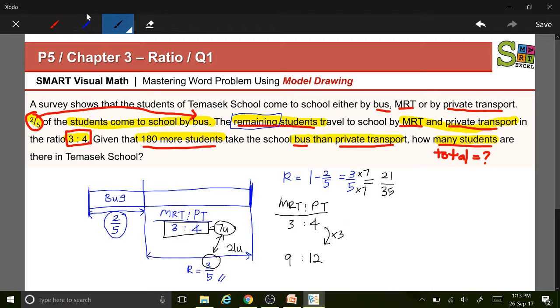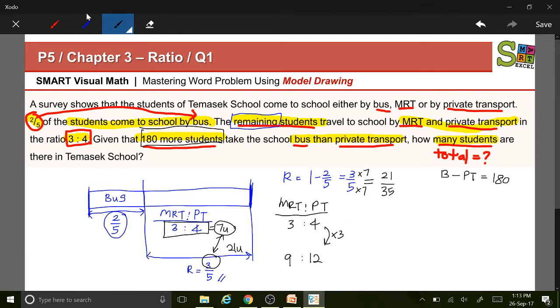Then they mention about, we can't forget this part, whereby the bus is more, and the students that take the bus minus the students that take the private transport, the difference is 180.